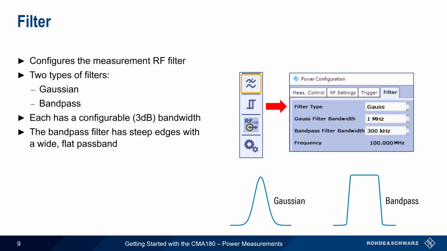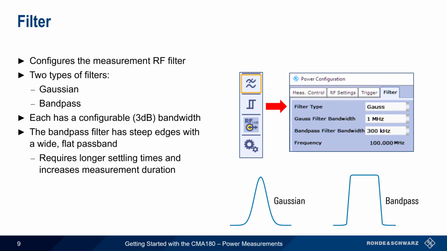This can be helpful in some measurement scenarios, but bandpass filters also require longer settling times, which increases the overall measurement duration. Note that frequency is used to define the center frequency of the filter, and this is the same as the value configured in the main Power Settings tab.